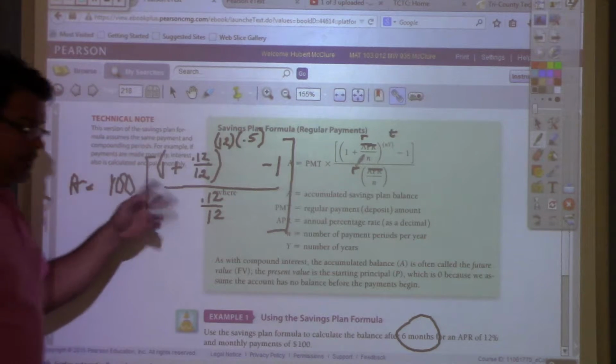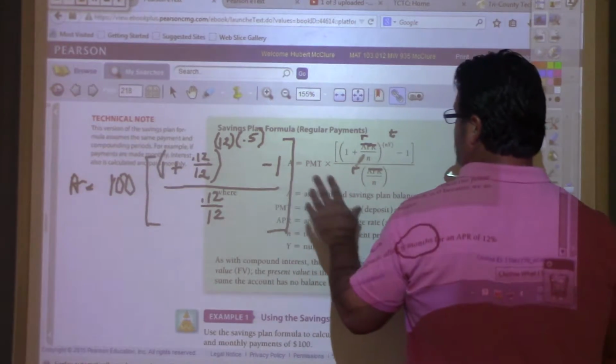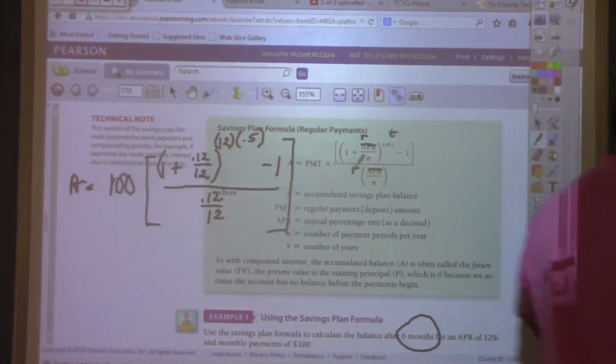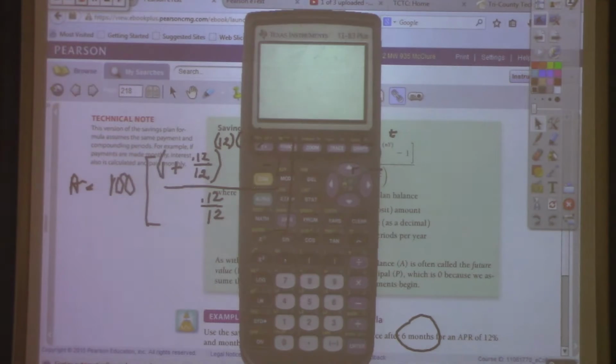So we're going to do this in our calculator. And you might have to use your memory, or you might have to write it down. I don't know what you want to do, but that's fine. I'm going to use the memory in the calculator, the STO button. So, take our handy dandy calculator.